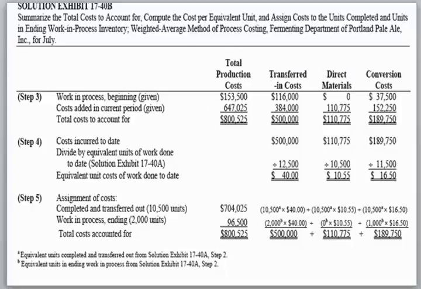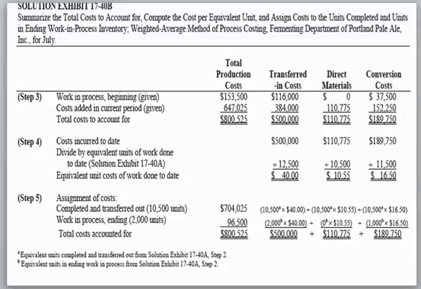And here 40B: summarize the total costs to account for, compute the cost per equivalent unit, and assign cost to units completed and units in ending work in process. So the work in process beginning, total production cost for transferred in cost 116,000 and 0 for direct material and conversion cost 37,500, so the total production cost will be 153,500.